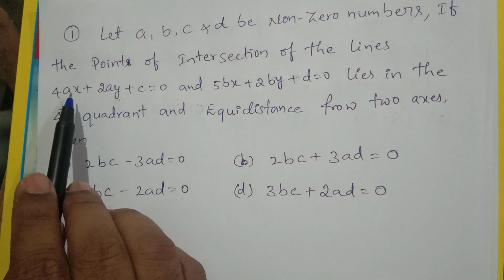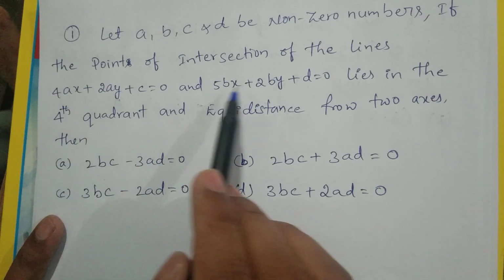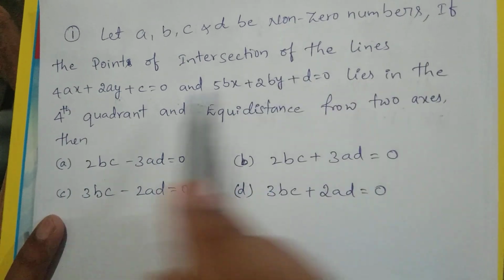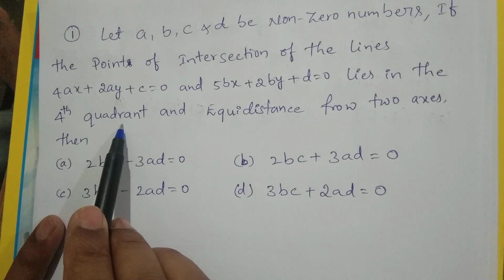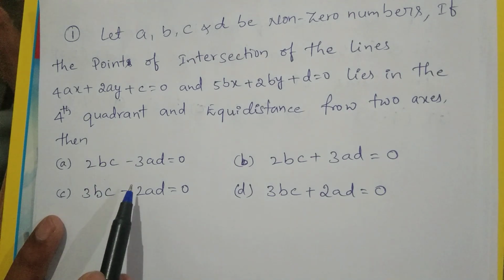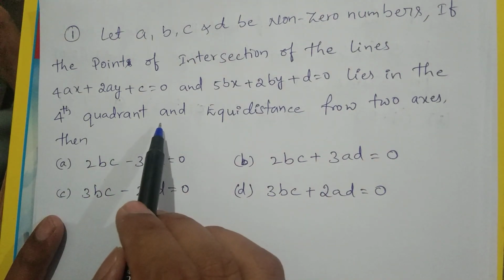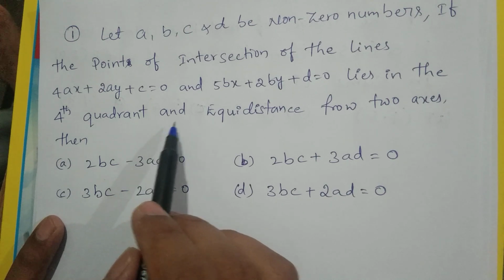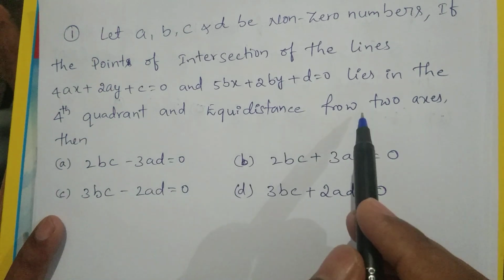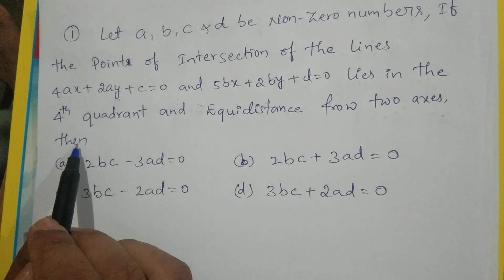The point of intersection of these two lines lies in the fourth quadrant, and that intersecting point is equidistant from the two axes.